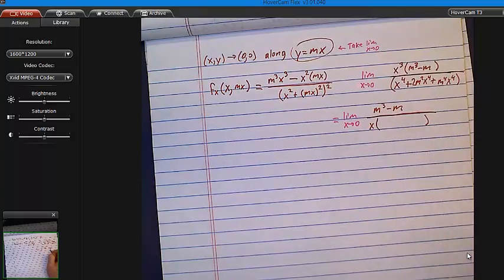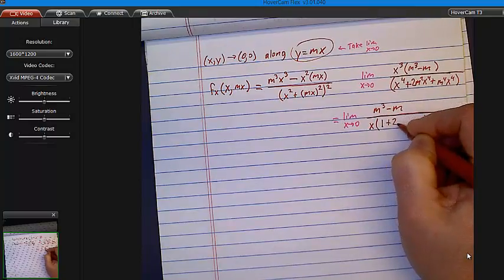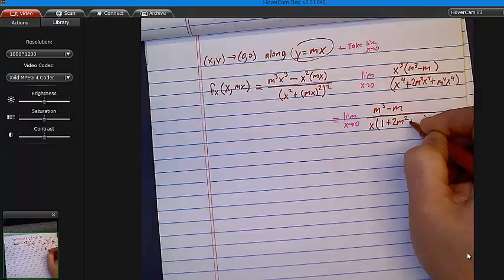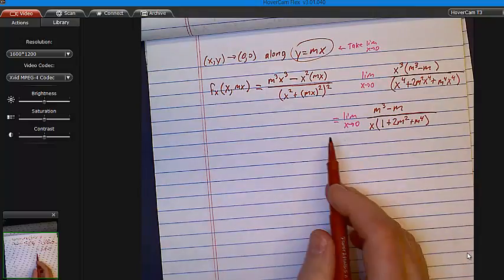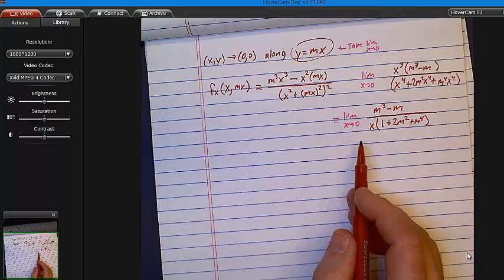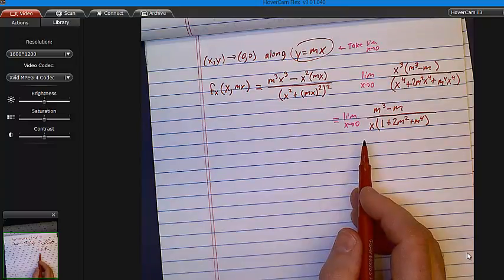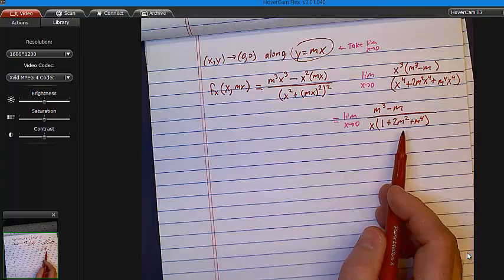And in the denominator, I would have 1 plus 2m squared plus m to the fourth. Is that right? You could factor that also: m squared plus 1, squared. That's right.